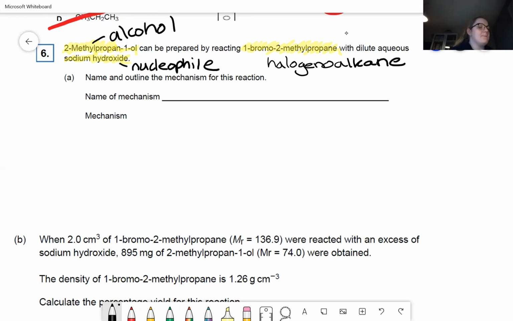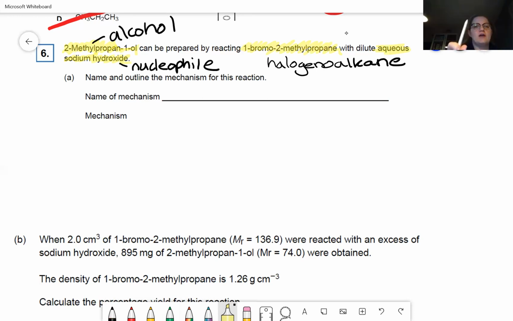So name and outline the mechanism that we use to make this reaction. So why do we know that it's not going to be elimination? Well, it's not elimination because we're doing this in aqueous sodium hydroxide. If that had been in alcohol, then that would be an elimination.